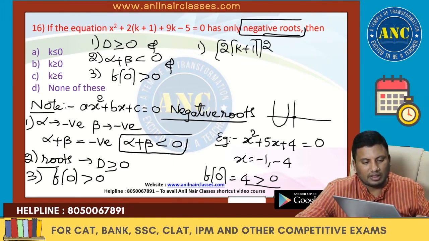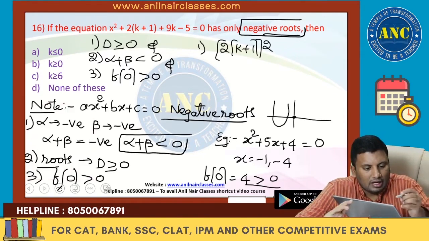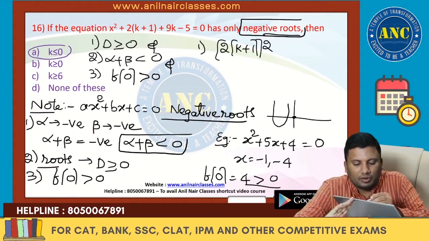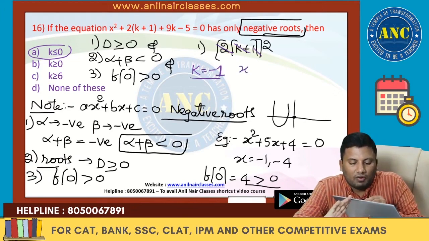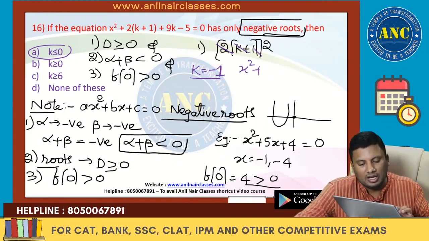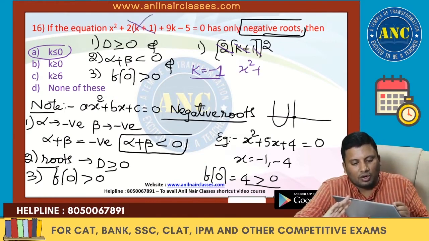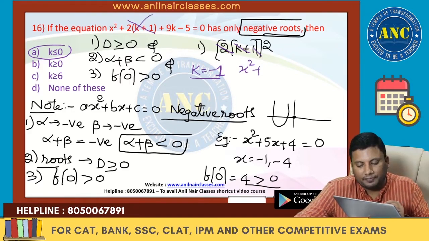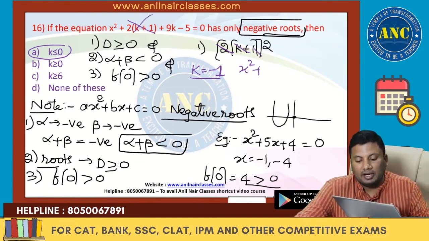So if I go with the answer options, see here, k is less than or equivalent to 0. Let us see if k is equivalent to -1. If k is -1, what will be the equation? Forget about this condition, go by the answer options. x square plus (-1 plus 1) x, this will become 0, minus 9 minus 5.